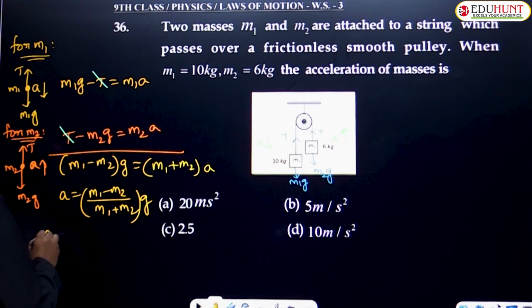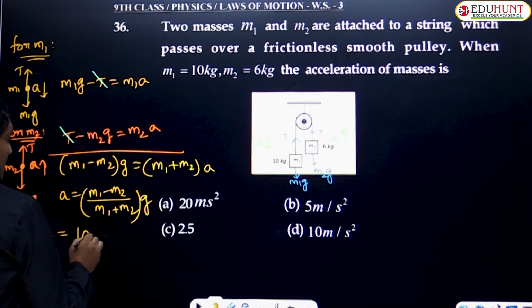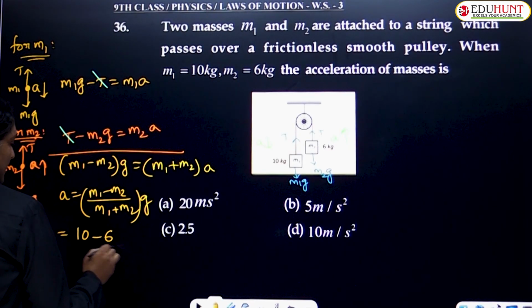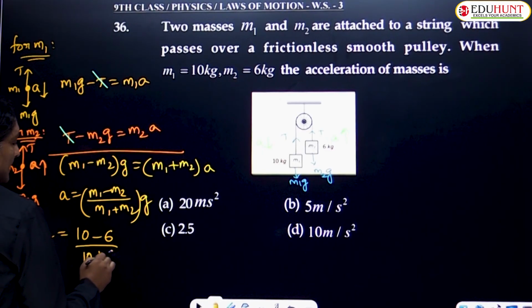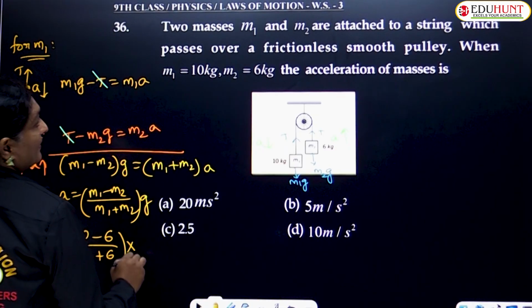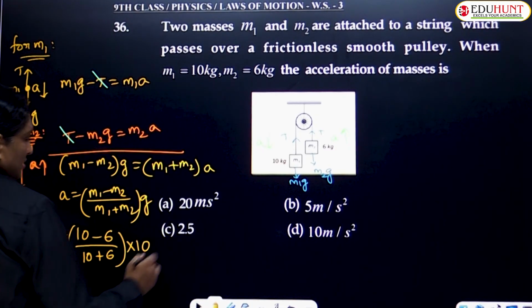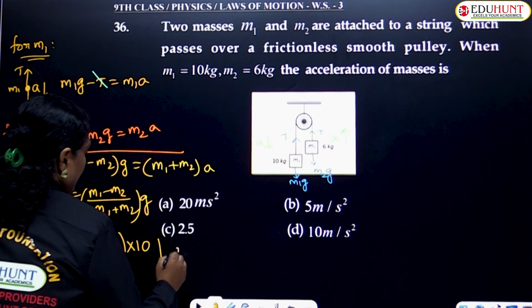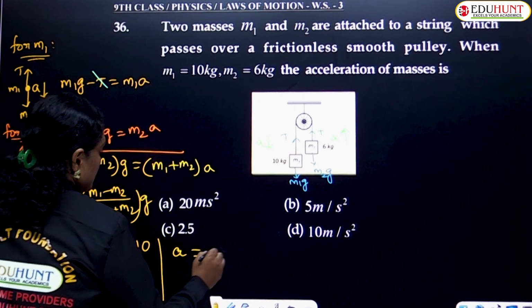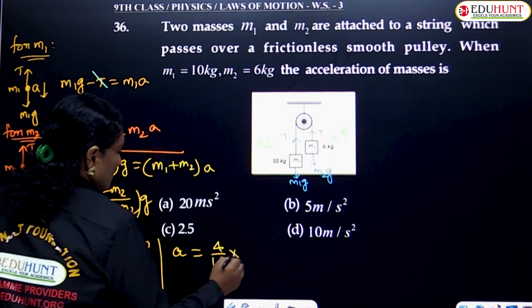Well, substituting the values of M1 and M2, we have M1 is taken as 10 kg, M2 is taken as 6 kg, by 10 plus 6 into the value of g, they haven't given. Let us assume it as 10. Hence the value of acceleration will be, so what is this, children? a is equal to 10 minus 6 is 4, 10 plus 6 is 16, into 10.